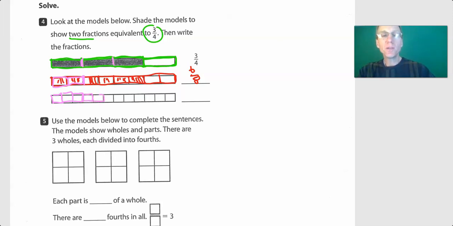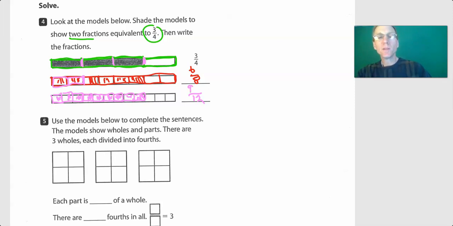Another 3 little pieces. And 3/4, 3 more of those. So we can count by groups of 3 here. 3, 6, 9. So there's 12 total to make a whole. And we would shade in 3, 4, 5, 6, 7, 8, 9 of them.